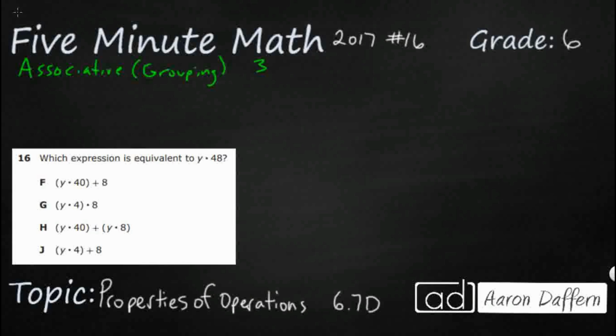So 3 plus 2 plus 1 equals 3 plus 2 plus 1 with different grouping, as long as the operation doesn't change. If the operation changes, if you group an addition instead of subtraction, that's going to change something.